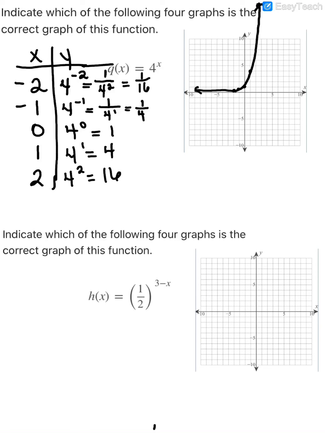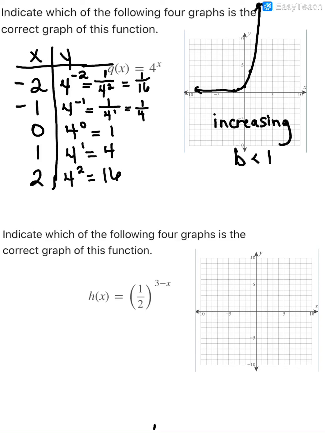It just technically gets closer and closer and closer to that x-axis. And so we describe this particular graph as an increasing graph because it is going up from left to right. And that is typically going to happen when you've got a base like this that is bigger than 1.